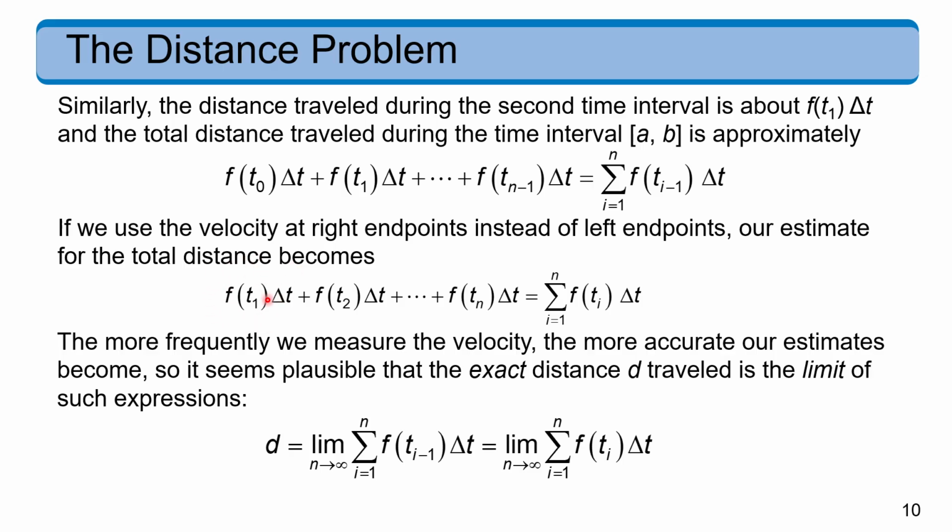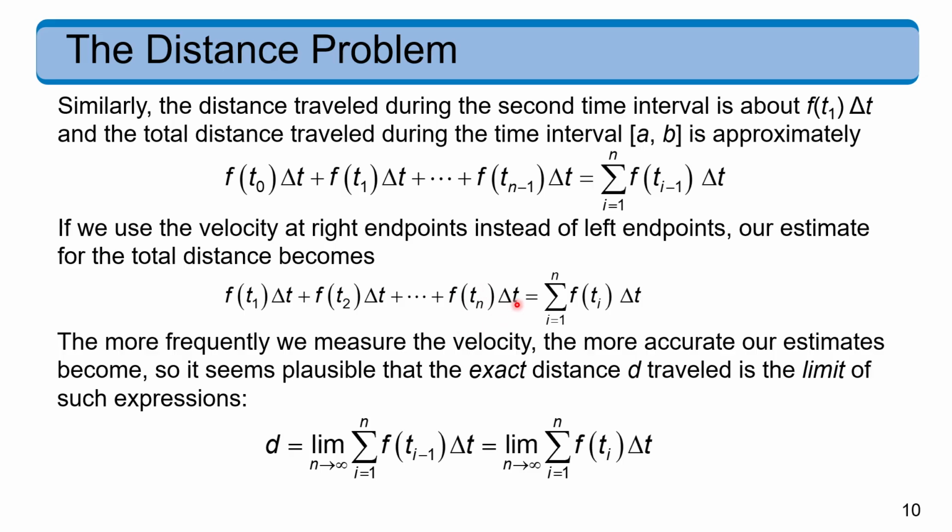Plug that into the velocity function, you get some constant, and we assume the velocity stays at that constant over the time interval. So we take our constant velocity times the length of the time interval, go to the second interval, do the same thing but use the right endpoint, all the way down to the last time interval. Up here we use the left endpoint of the last interval, and here we're using the right endpoint.